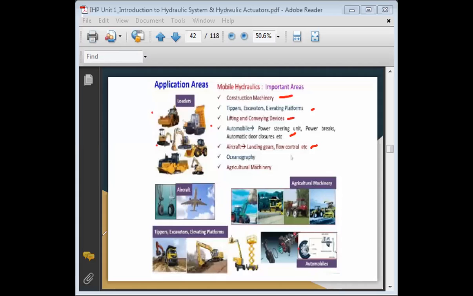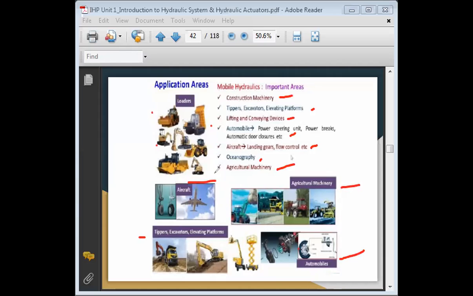Now in the aircraft, it is used for the landing gear and flow control, etc. Then oceanography also uses it. Then agriculture, automobile, tipper, excavator, elevating platform, and the landing gear, up and down, in the aircraft industry or airplane sector.